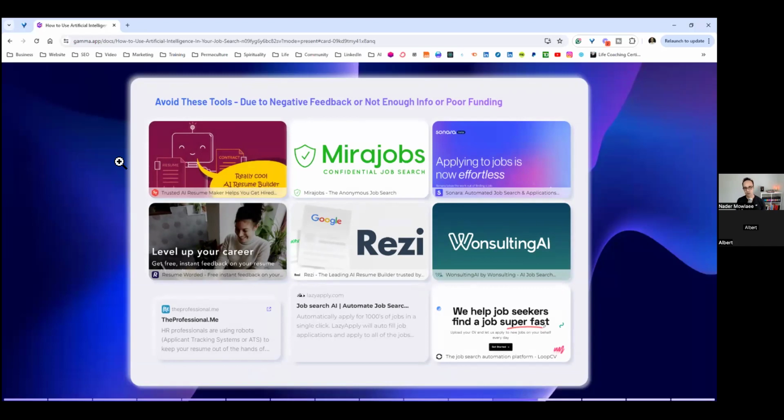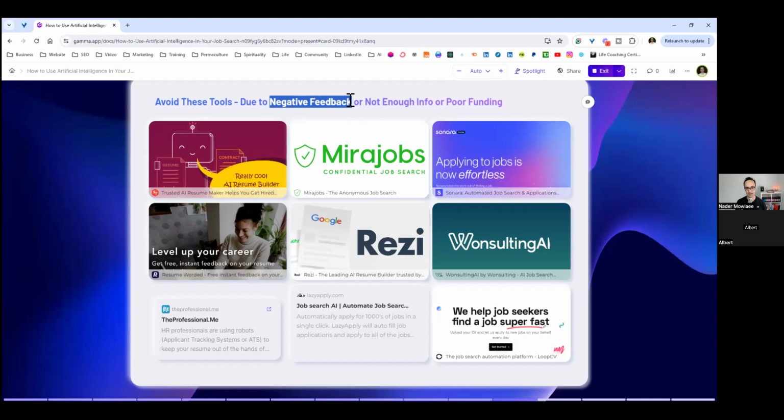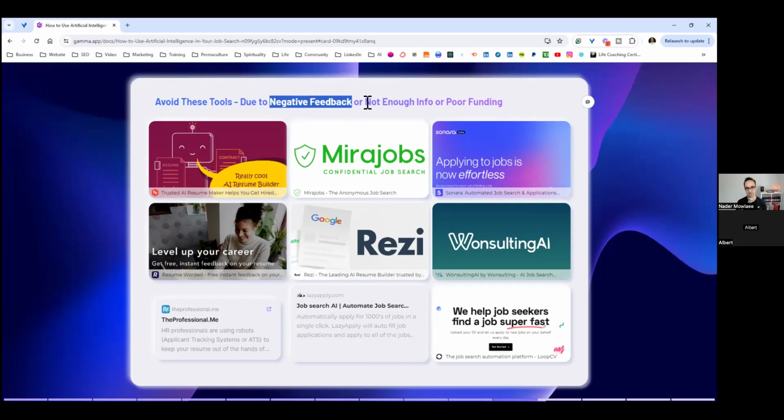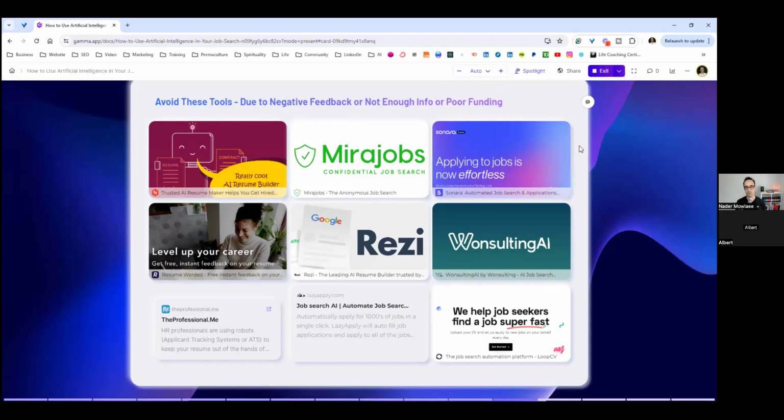I'm not going to tell you one by one why I'm saying no to each of them, but when I did my research, again, there's a longer list too, my research resulted in either negative feedback, pure negative feedback, bad customer experience, bad results, not enough info, or poor funding. These are all startups. I've looked at their funding. So either, again, poor presence, poor info, lack of feedback, negative feedback, or poor funding.